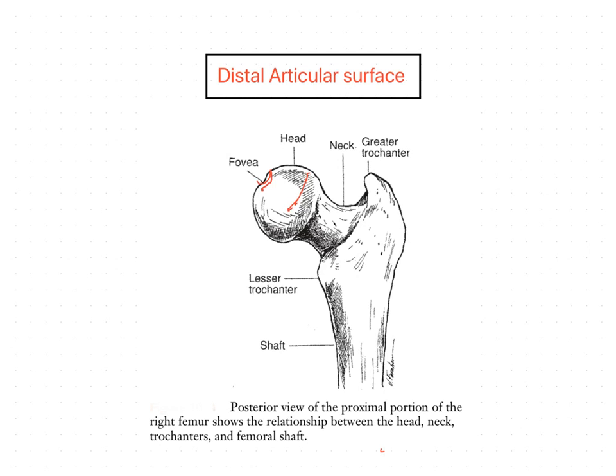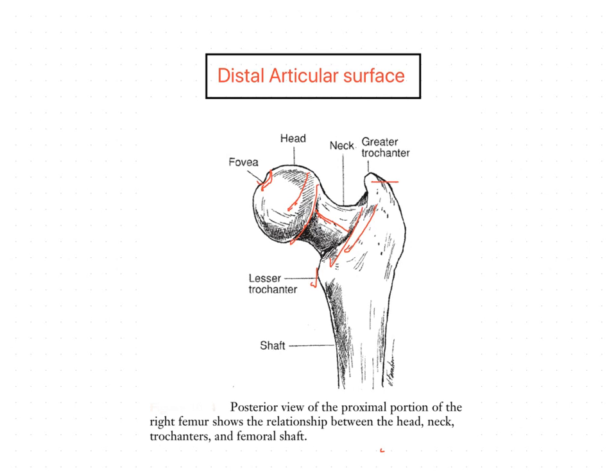The femoral head is attached to the femoral neck, and the femoral neck is attached to the shaft, in between the greater trochanter and the lesser trochanter.